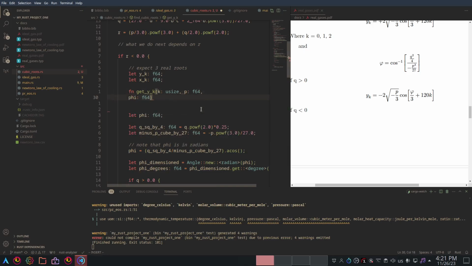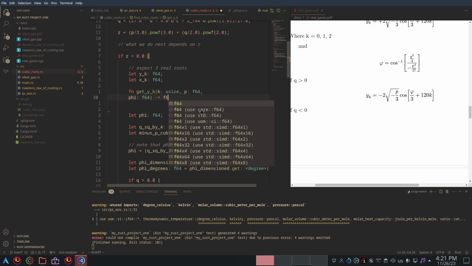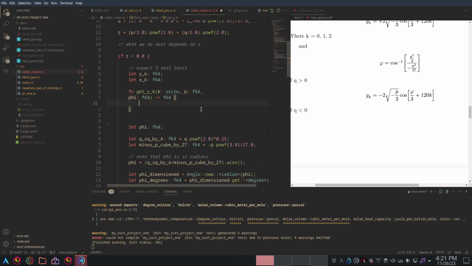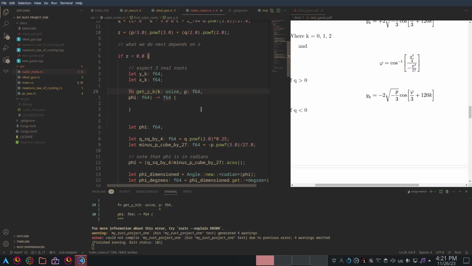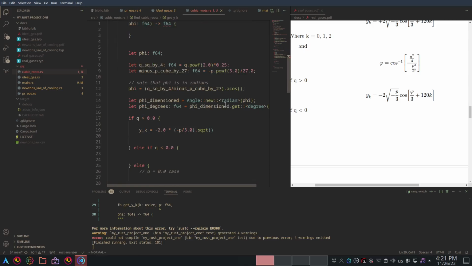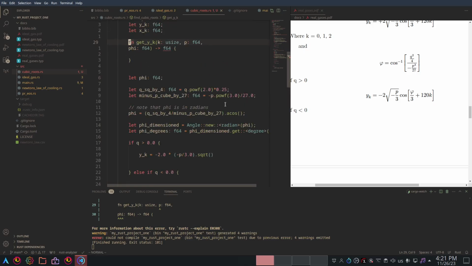I do not know whether it's degrees or radians, so we'll just leave it for now. The return type is an f64, and then I'll close it like that. So this is how I'm going to do it. The compiler will give me problems because I'm not returning anything yet.